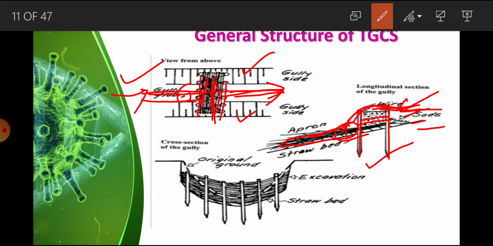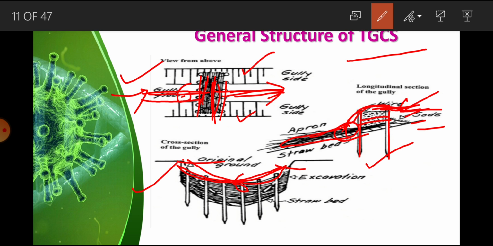And another feature of such dams, in this figure you can see, is that the sides are a little higher and the center is a little lower. So in all the temporary control structures, you may see the bed like this.